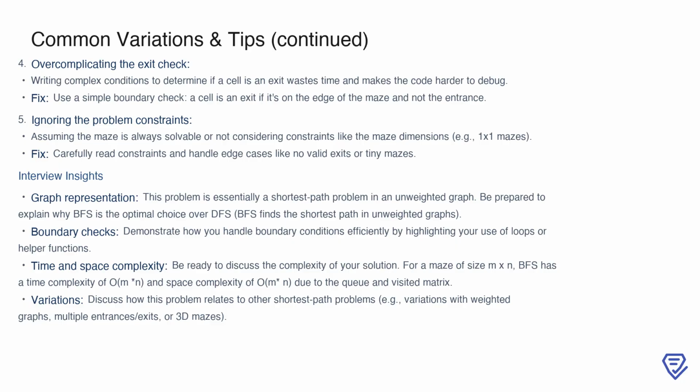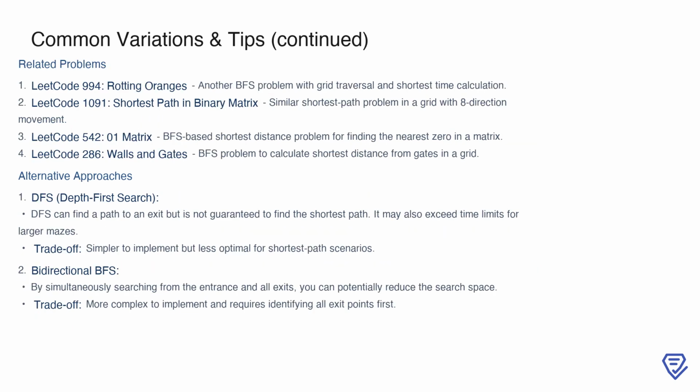Highlighting how the problem relates to other shortest path scenarios, like weighted graphs or 3D mazes, can also make a strong impression. This problem shares similarities with several other LeetCode problems, which can help deepen your understanding. For example, LeetCode 994, Rotting Oranges, involves grid traversal with BFS to calculate the shortest time for an entire grid to rot.